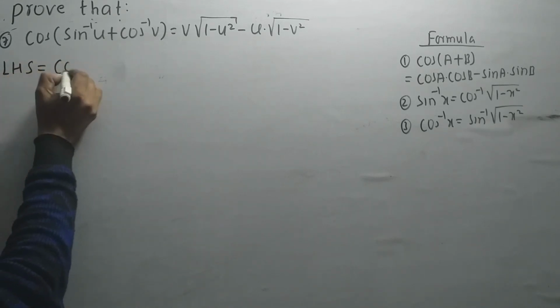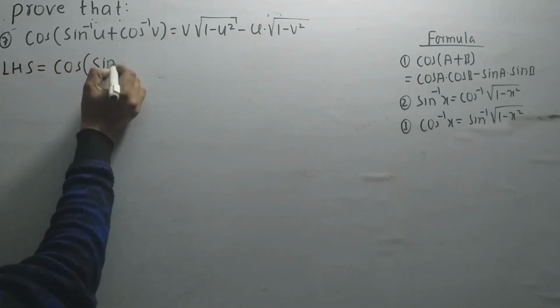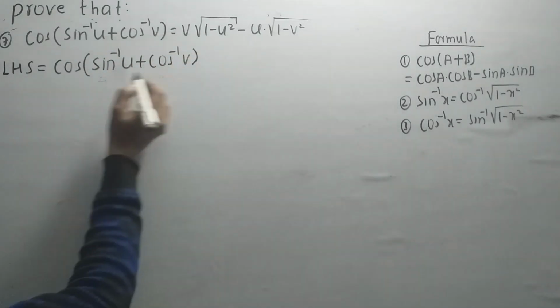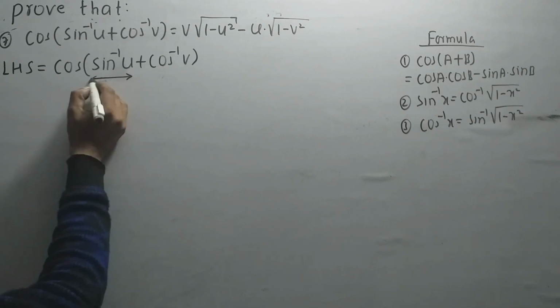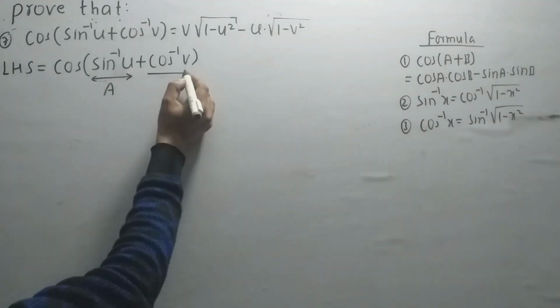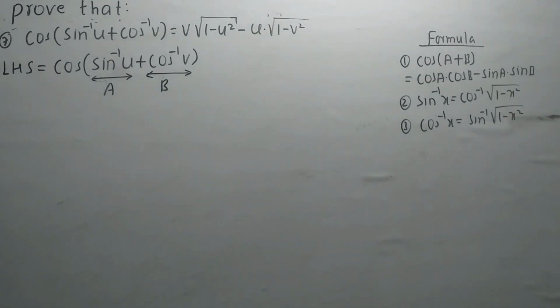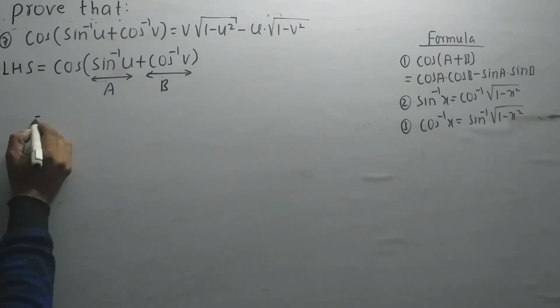After knowing this formula, let me write here the left hand side: cos of (sin inverse u plus cos inverse b). For this sin inverse u, you write that it is angle A. For this cos inverse b, you write that it is angle B. The reason we will write on the side.